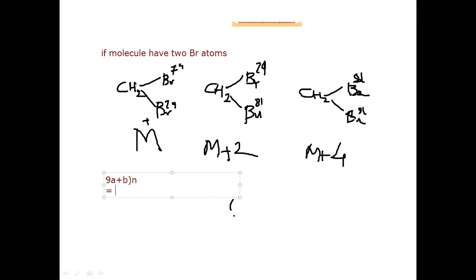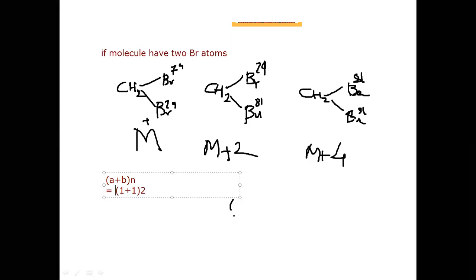What is the value of a? A is 1 and plus again 1, b is 1, to the power n, n is 2.